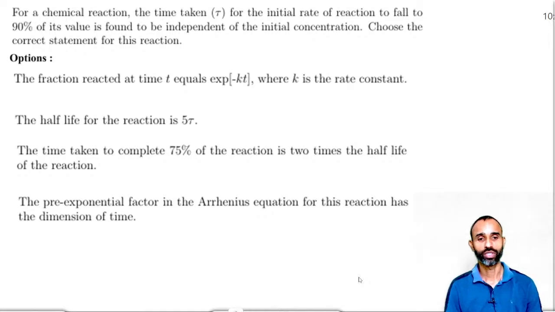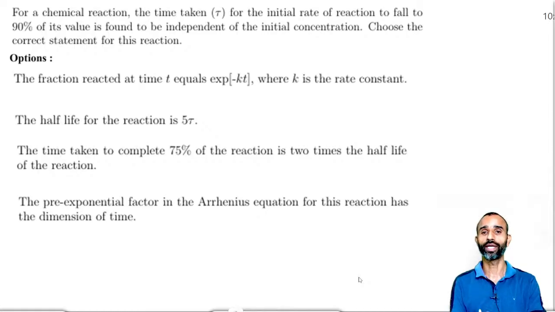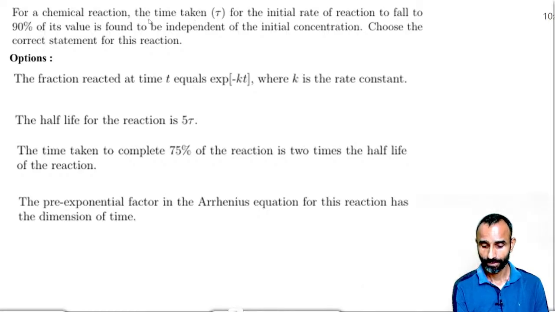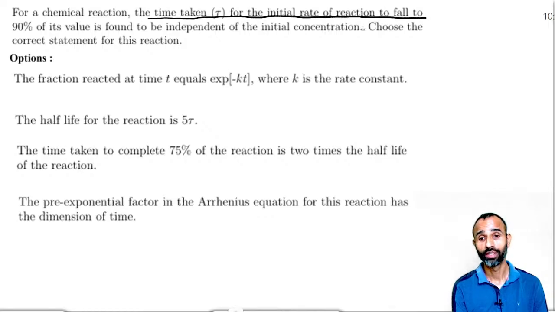This is the question. For a chemical reaction, the time taken for the initial rate of reaction to fall to 90% of its value is found to be independent of the initial concentration. So tell me, what is the order of the reaction? Time taken for the initial rate of reaction to fall to 90% of its value is independent of the initial concentration.